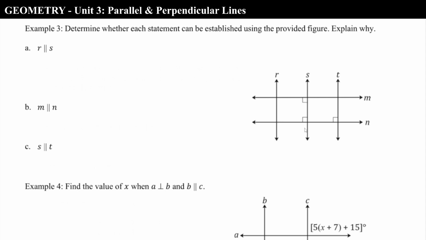We know that M and N are parallel because of these two right angles, so that tells us from the converse of the perpendicular transversal theorem that M and N are parallel, and that actually is what we're going to get to in part B here. But there are no right angle boxes indicating anything about line R. It could be just slightly off a vertical for all we know.